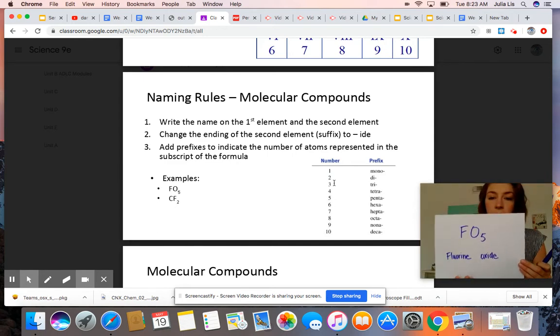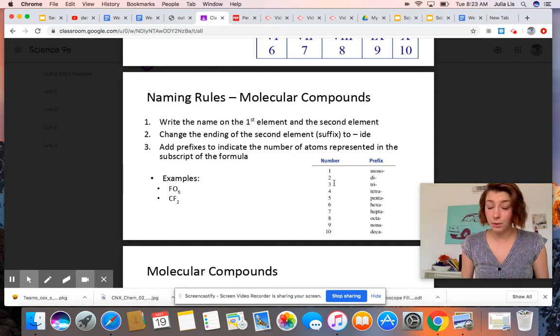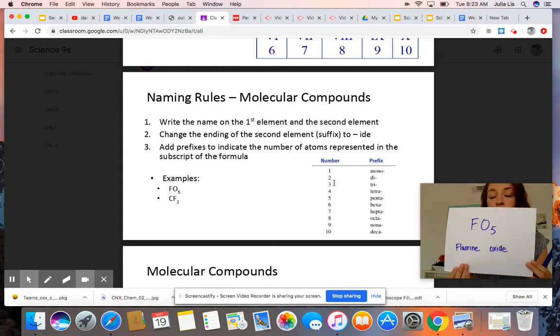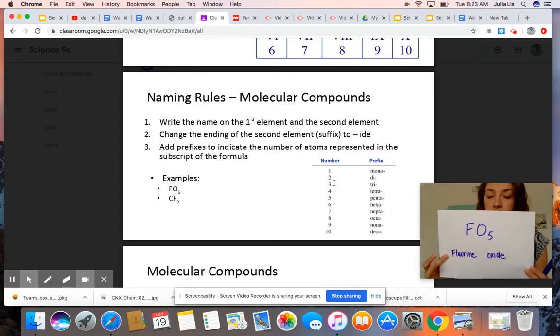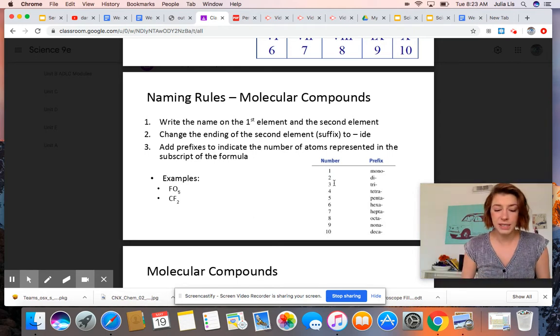Okay. Now there are a couple of finicky rules. If your first element, if you only have one of your first element, so I only have 1 fluorine, I'm actually not going to put mono in front of it because it would seem redundant, unnecessary. So I just leave it as is. If you have 1 of the first element, you leave it.